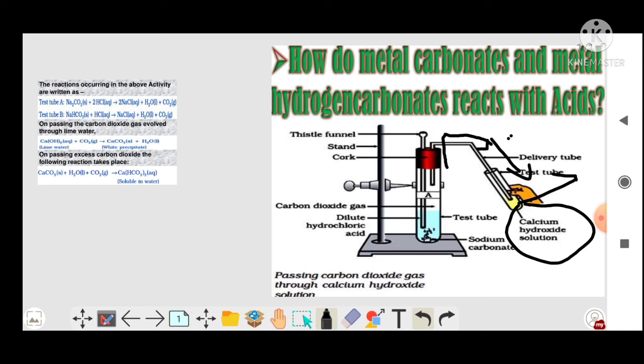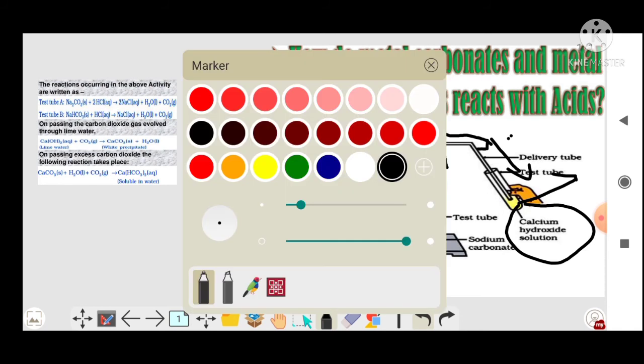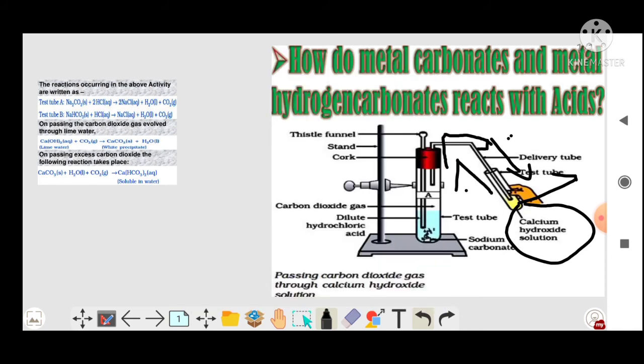Carbon dioxide gas is produced, which is delivered through the delivery tube to the calcium hydroxide solution. With calcium hydroxide solution, carbon dioxide reacts and produces calcium carbonate white precipitate. So this is one test.